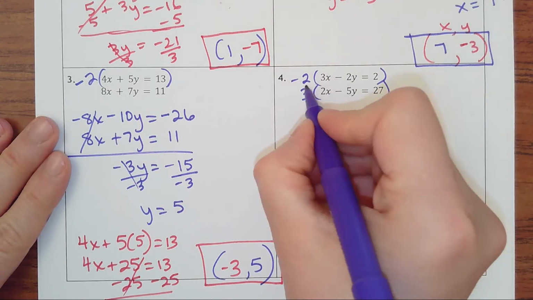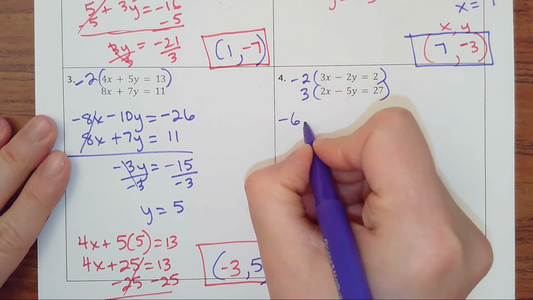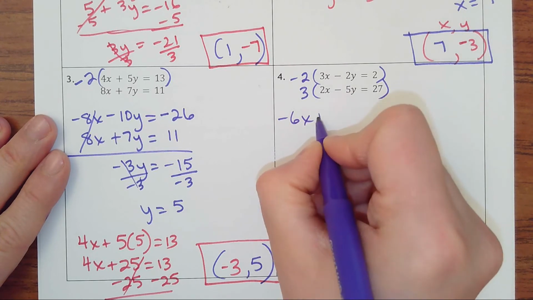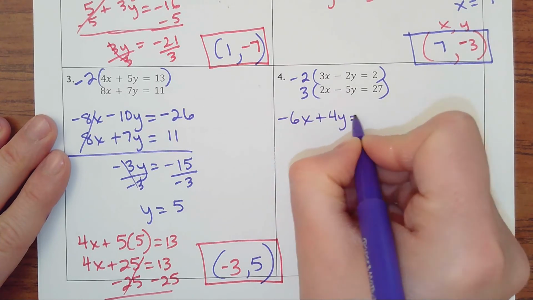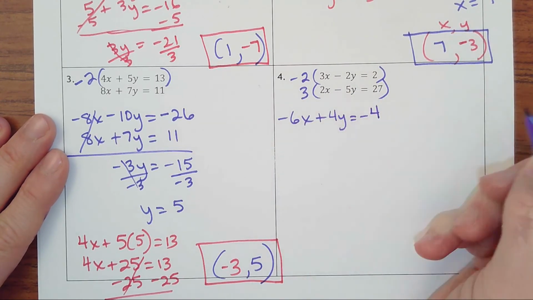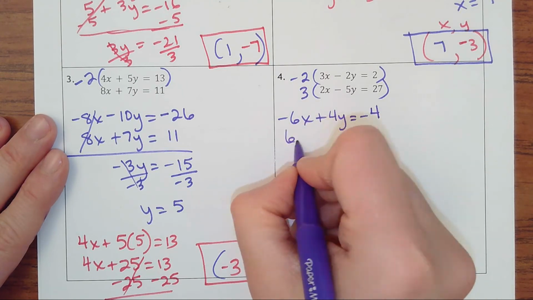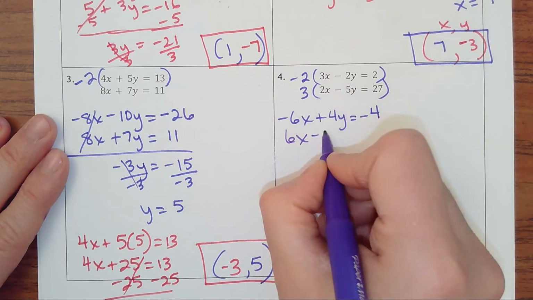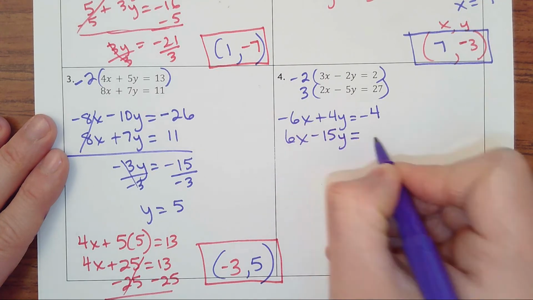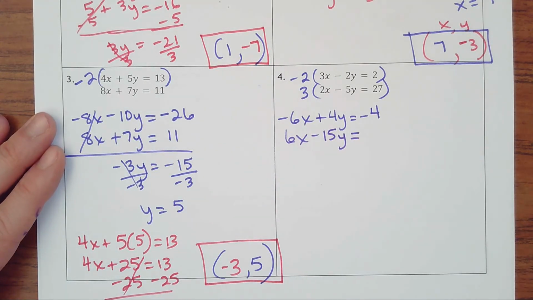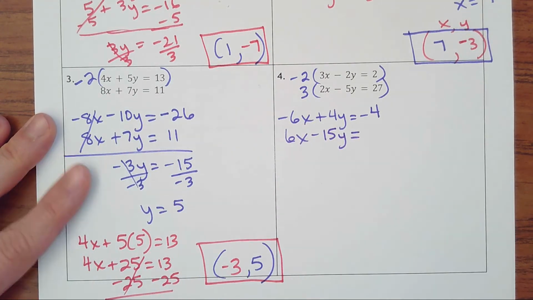So I distribute that. That would be negative 6x. Negative times negative is positive 4y. Negative 2 times 2 is negative 4. 3 times 2x is positive 6x. 3 times negative 5 is negative 15y. And 3 times 27, I don't know, is 81.